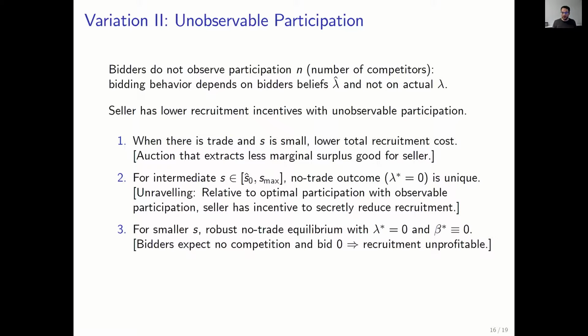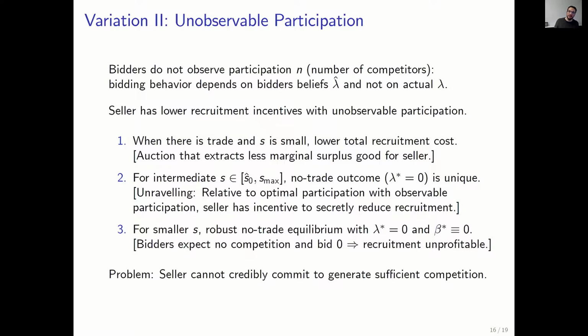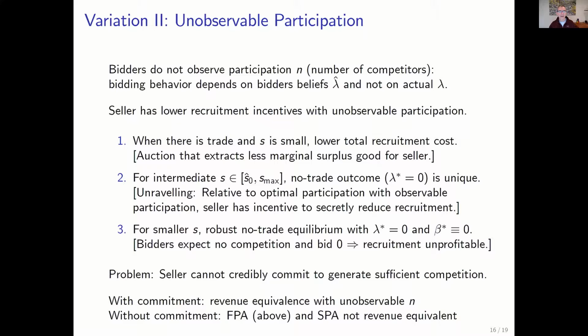Okay, so this is what's happening. The problem here is the seller cannot credibly commit to generate sufficient competition. The problem with unobserved participation is this incentive to secretly cut participation. Now notice, it seems like this is very dependent upon the first price sealed bid format.